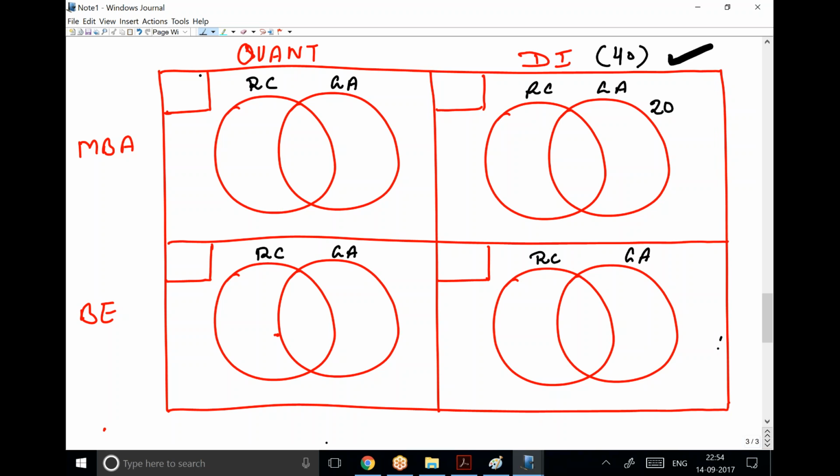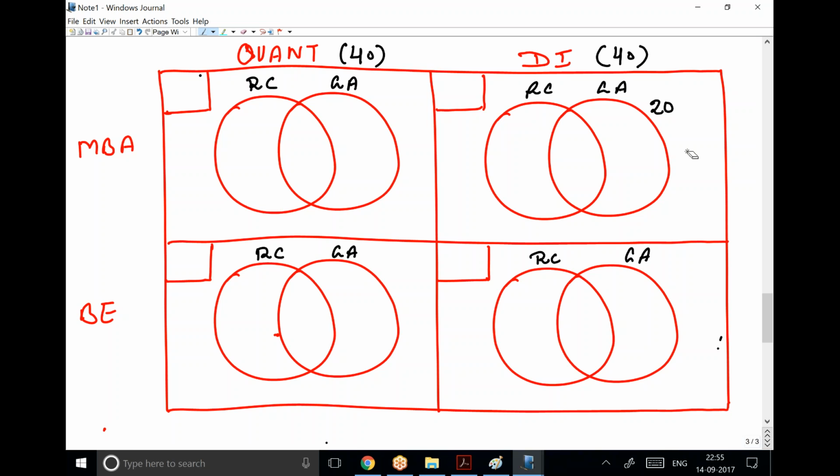Now when data interpretation becomes 40, and we know these two numbers are independent of each other, and the total number of professors is 80, that means the remaining 40 will fall in the category of quant. So 40 are given to us in the category of quant, and 40 in the category of data interpretation. And out of that, 20 are having good academic record, which will fall in this particular category.